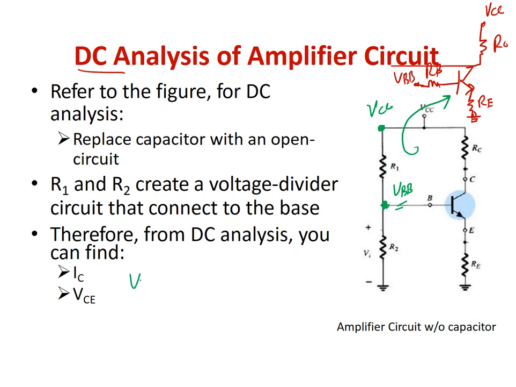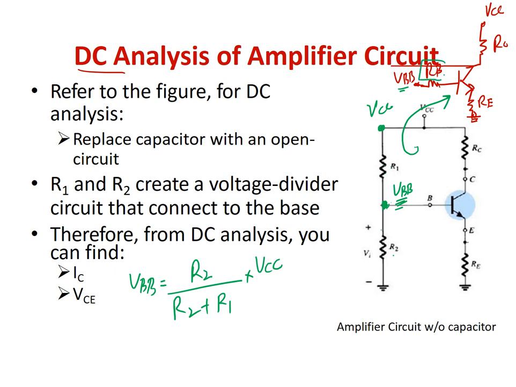Now if you want to calculate VBB, that will be R2 divided by R2 plus R1, multiplied by VCC. That will be the value of VBB for this case.